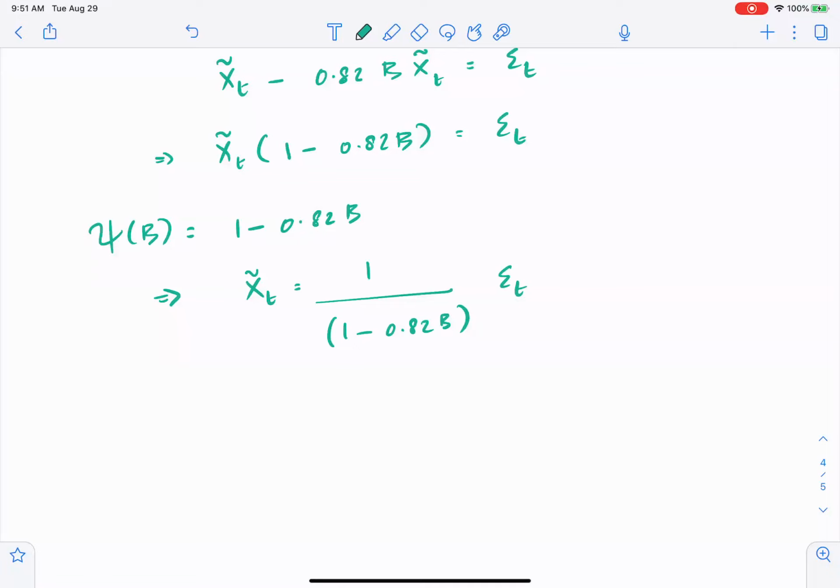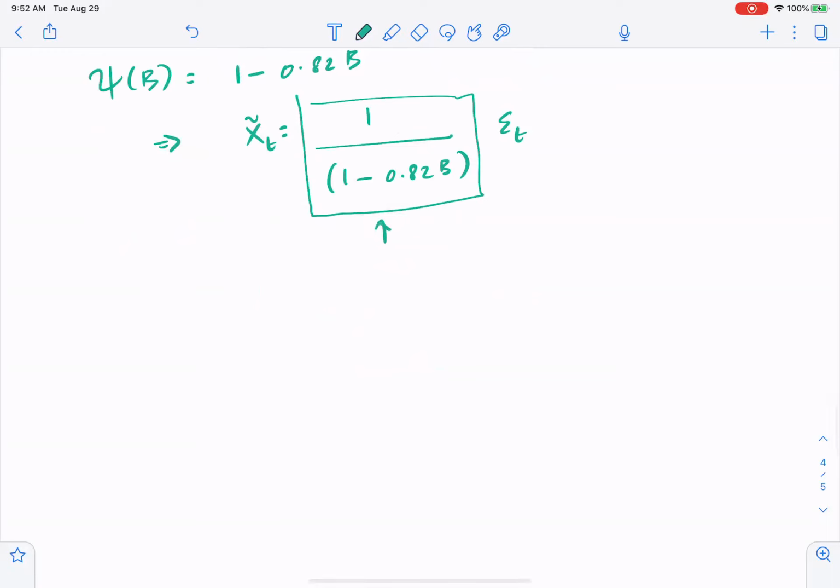They will take offense. That's what I got, and that is simply psi raised -1 of B. Any questions so far?